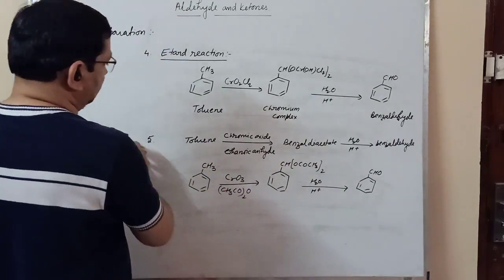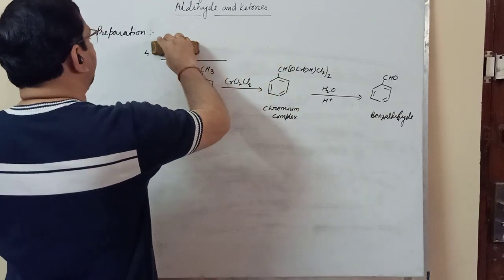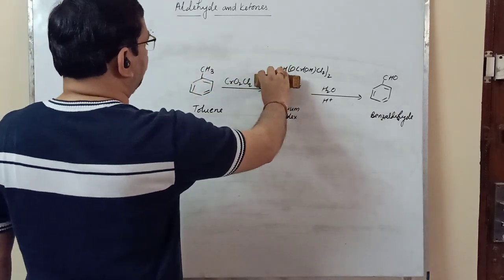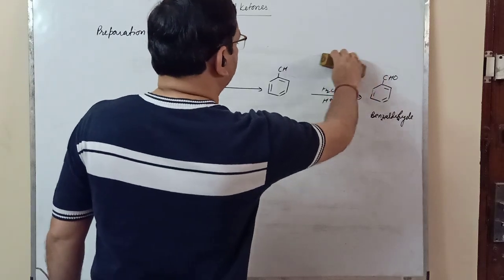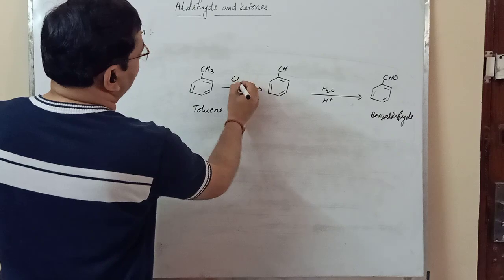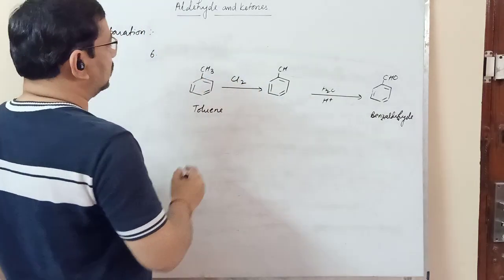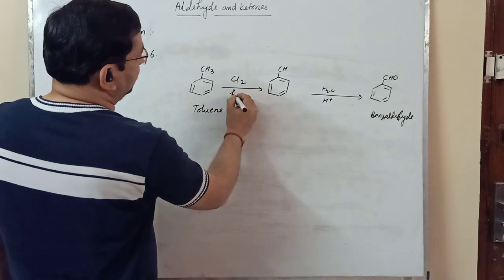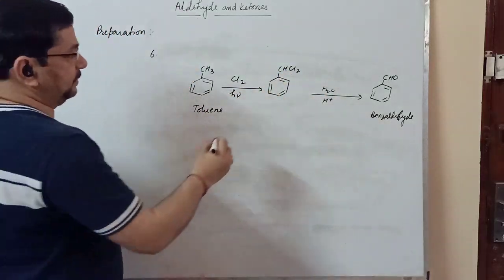There is another method to prepare benzaldehyde from toluene. What we do in this is, toluene is first chlorinated, this is now the 6th method. Toluene on chlorination in presence of light gives benzyl dichloride.